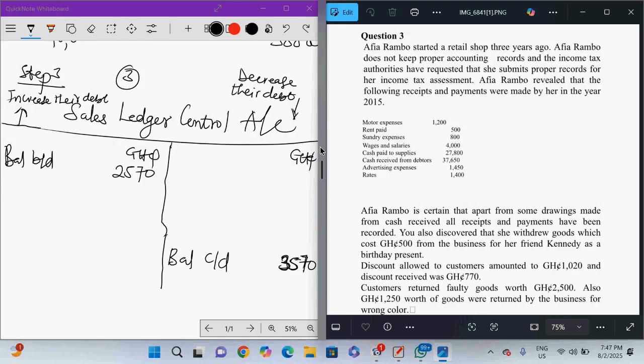When the debtors are paying cash of 37,650, of course, that would decrease their debt. So cash received from the debtors, 37,650, will decrease the customer's debt, right? What else?